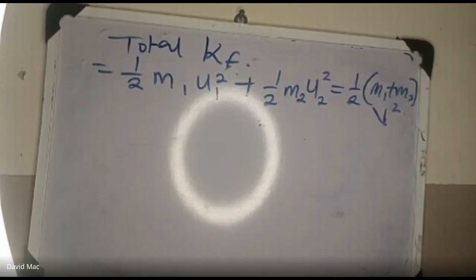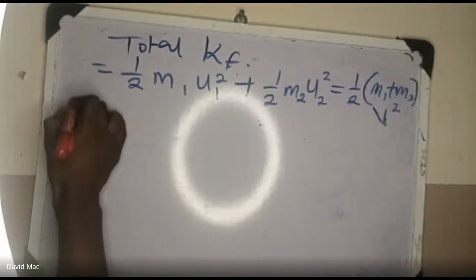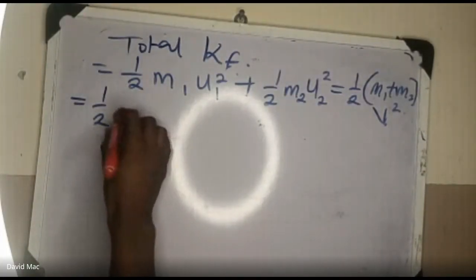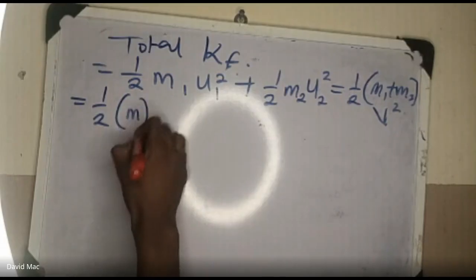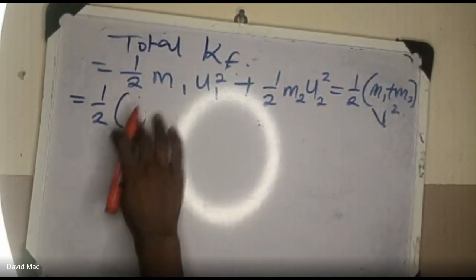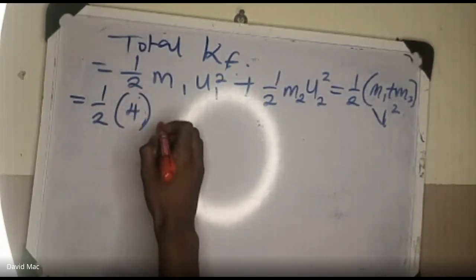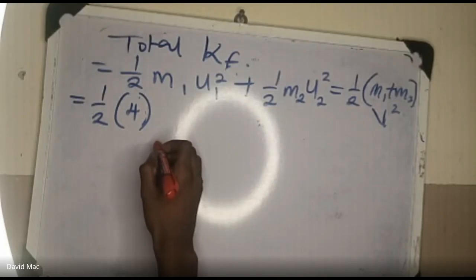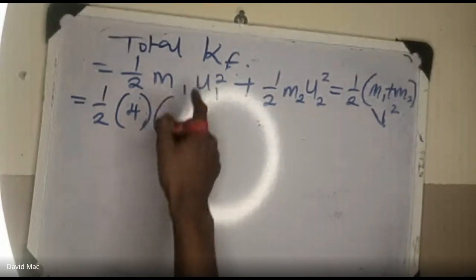So what do we do? We just simply substitute into our formula. Remember, I said 1/2, what was our mass? Our mass for the first body was 4. So it will be 4, and what was our u1?